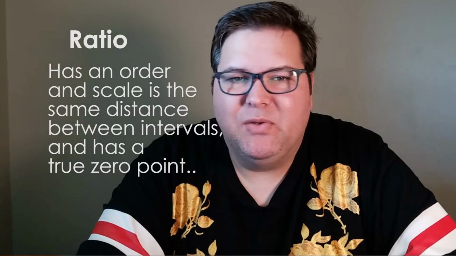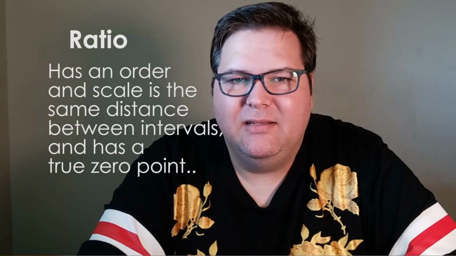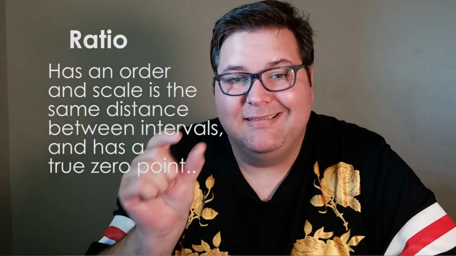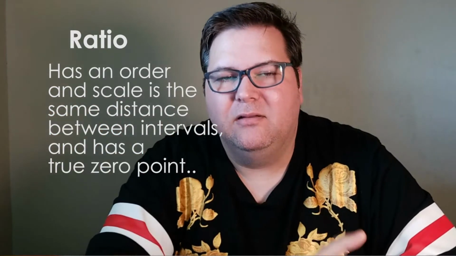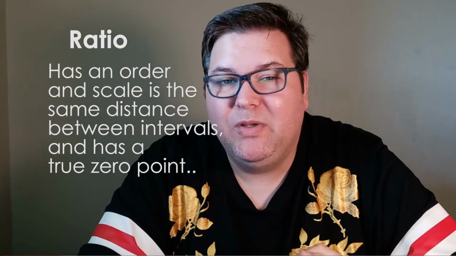A ratio scale is a scale in which the interval is the same between each of the units as you move along the scale, but it has a true 0 point. So, for example, in terms of behavior, let's say, number of cigarettes smoked, right? If you're counting the number of cigarettes smoked, you can't unsmoke a cigarette. You can't smoke less than 0 cigarettes.